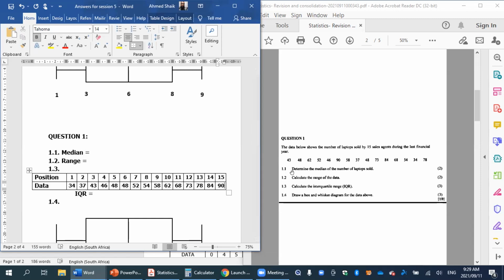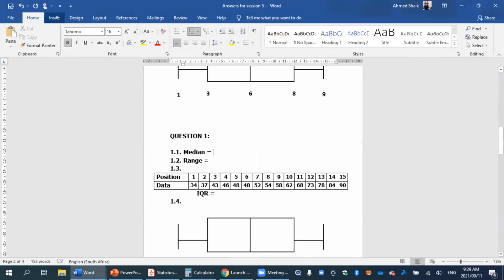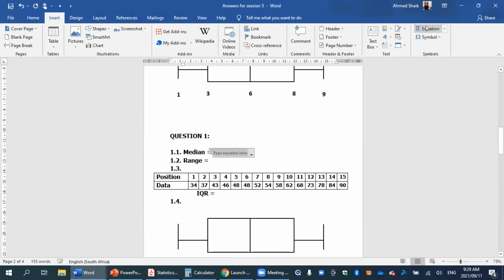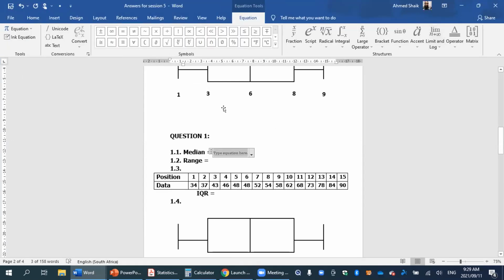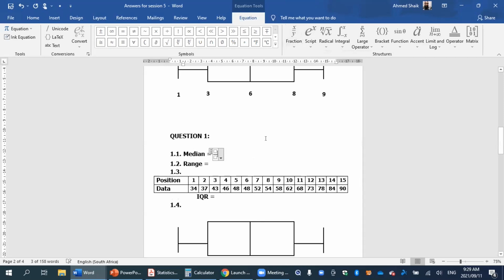Let's look at question 1.1. Determine the median of the number of laptops sold. Remember, in order for us to calculate the median, it's going to be n plus 1 over 2. So let's do our calculation. We've already established we've got 15 data values.